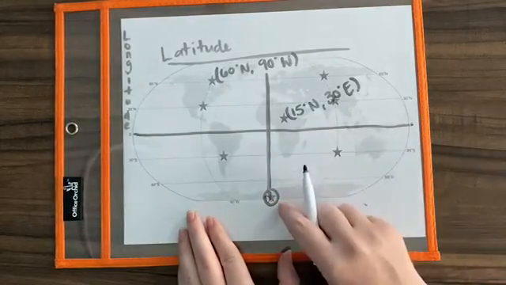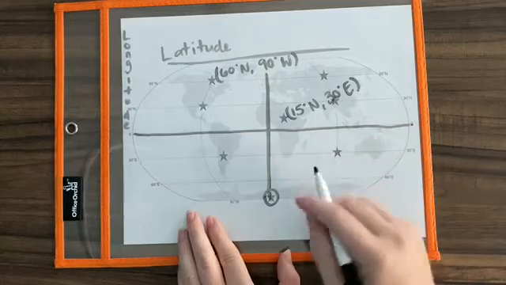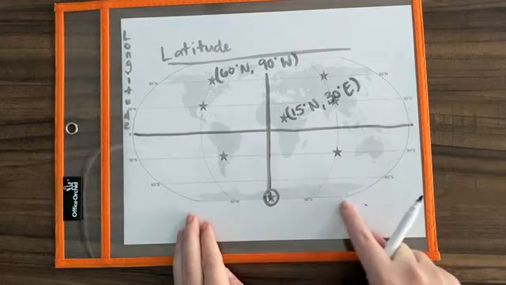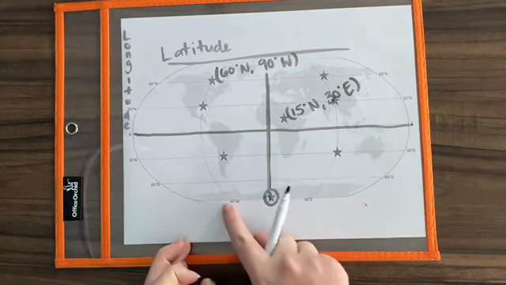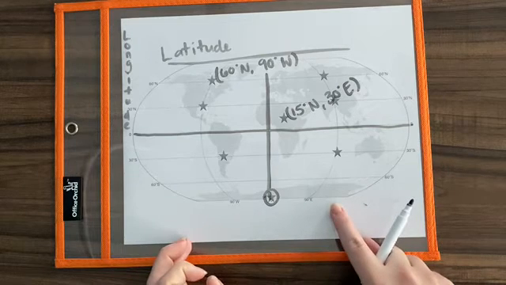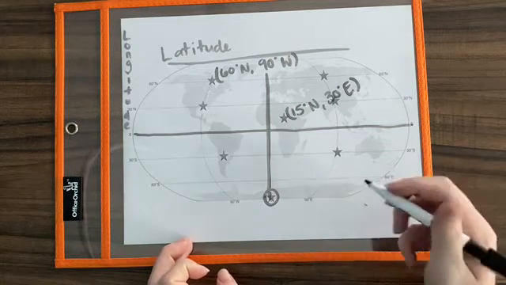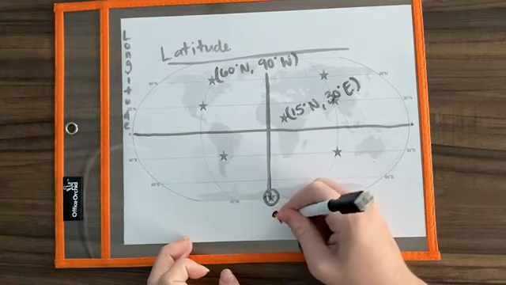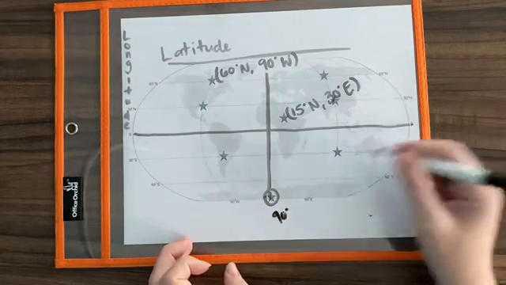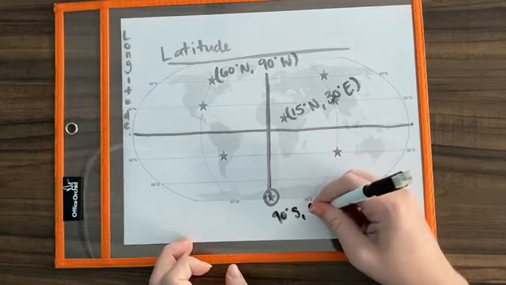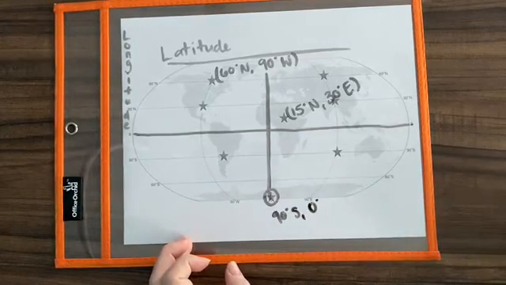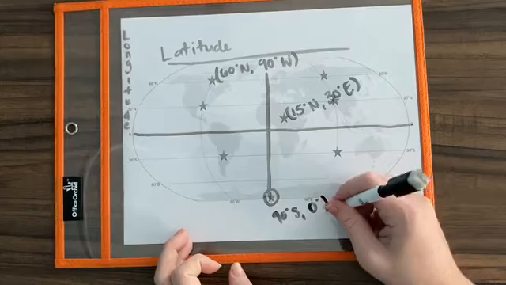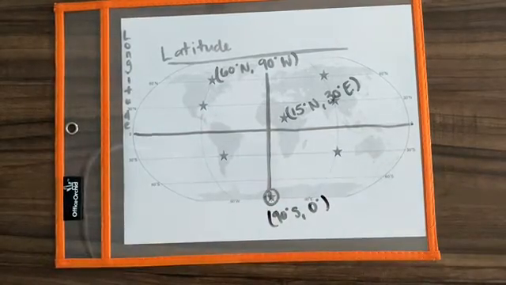Since this is down here, this would be, how many degrees on the bottom do you think? Probably 90. So 90 degrees south, and then 0 degrees because it's the prime meridian.